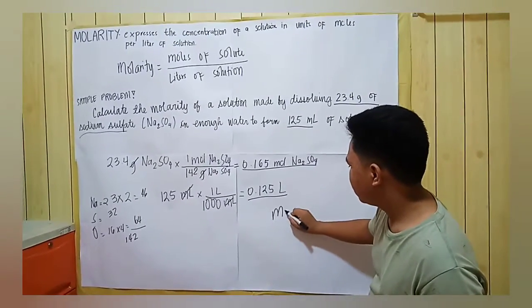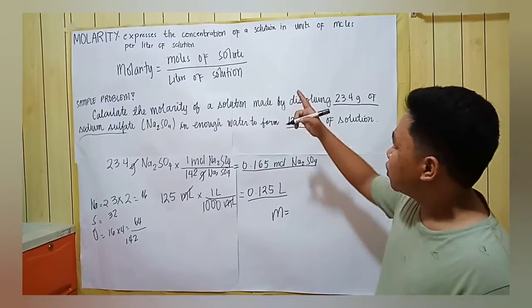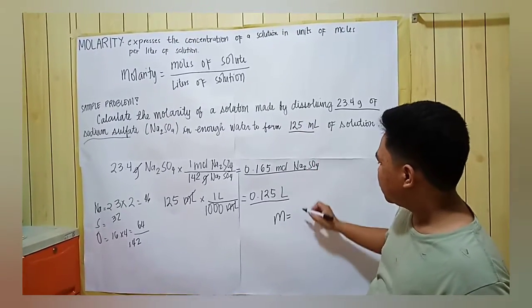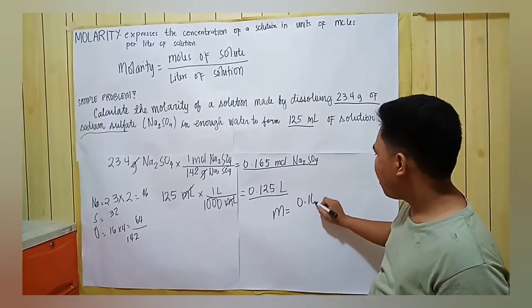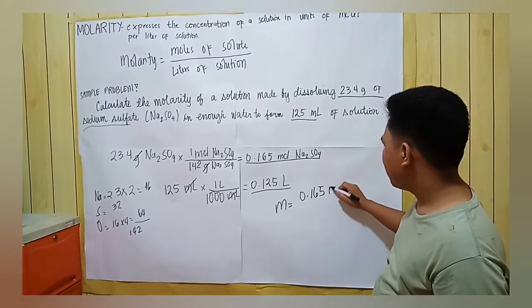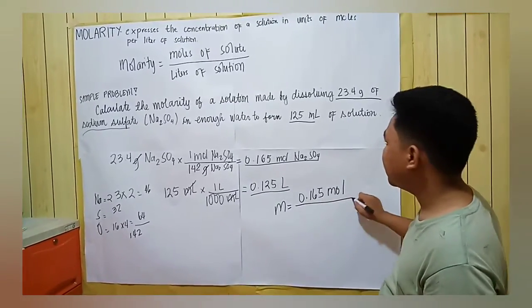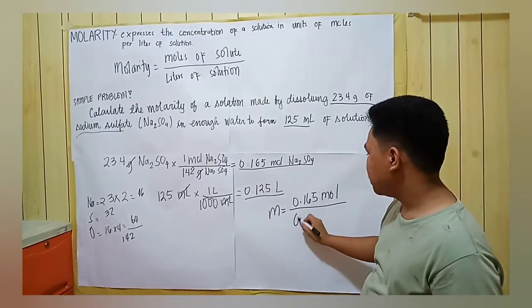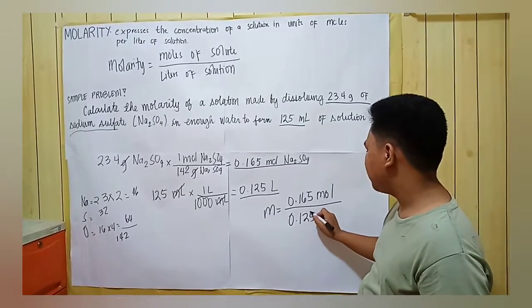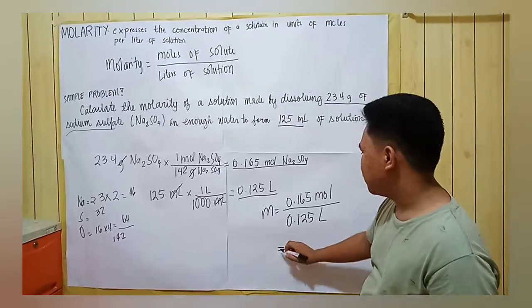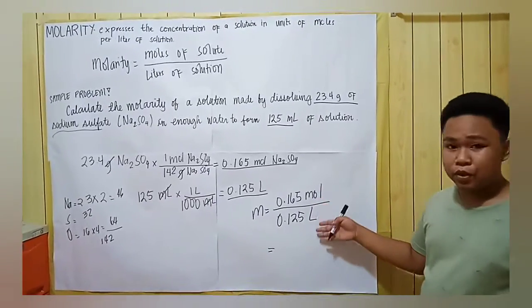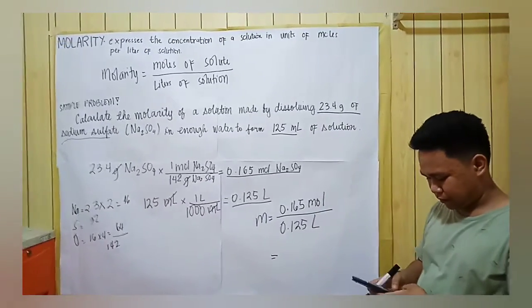Moles of solute is equal to 0.165 mole, and the liters of solution is 0.125 liter. It is simple, we only have to divide.